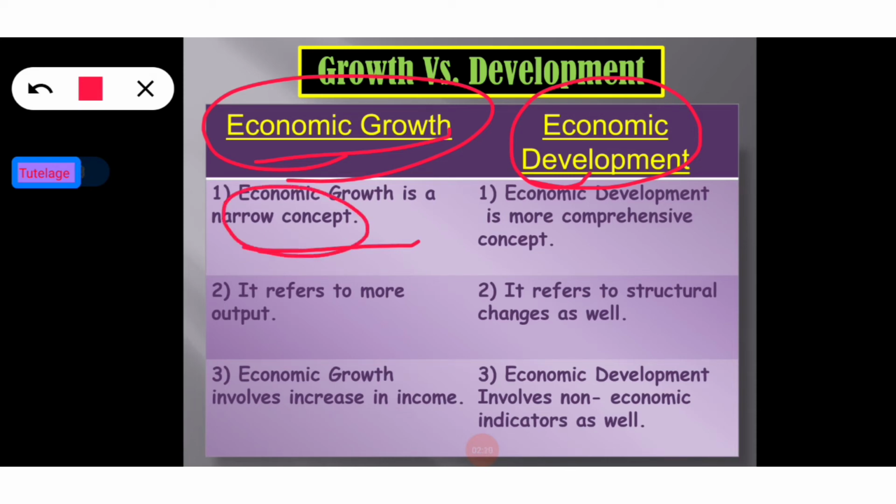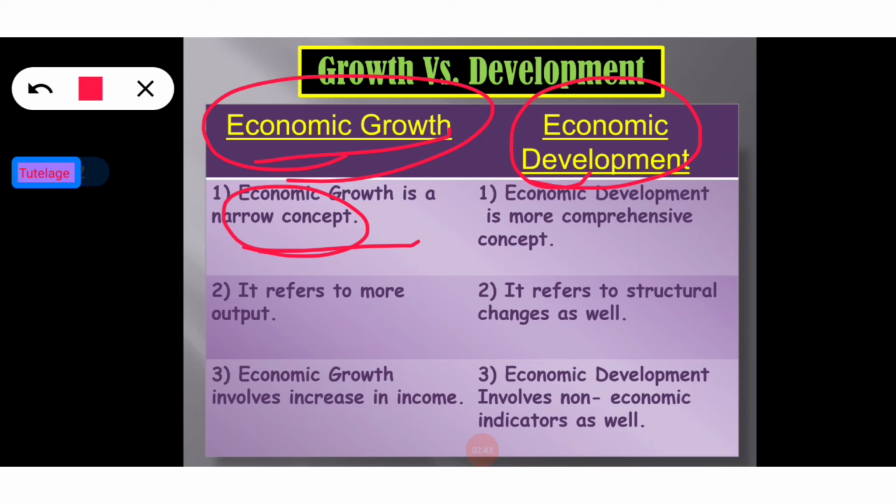Basically it is an increase in the height, weight, body size of a person, and on the other hand development indicates the whole growth process where a person can develop concerning the physical, mental, social, emotional and moral aspects. So economic development includes all types of development of a person.